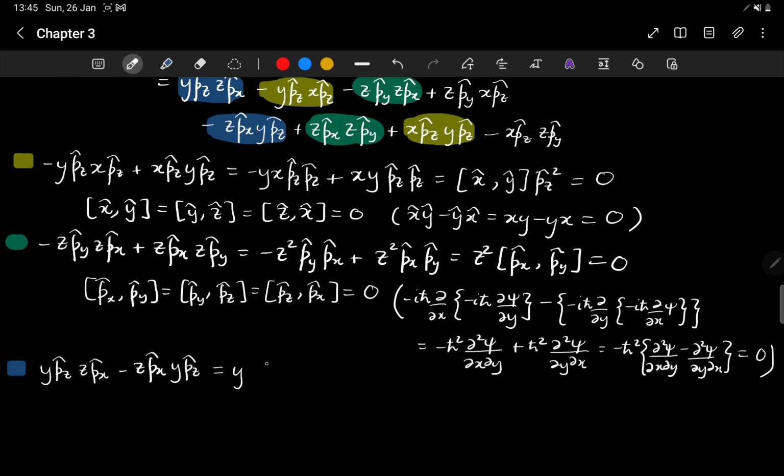So using that, I can bring px first and then pz. And again, the px operator does not operate on y, so we can bring that also out.